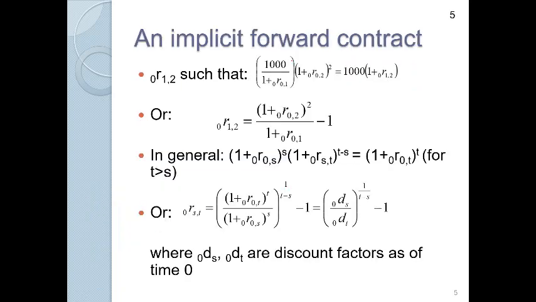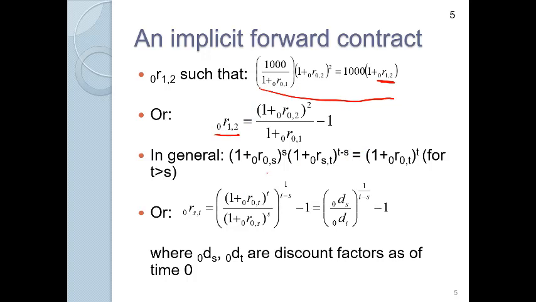Let's put some order into our formulas. So I took my 1,000, I discounted it to time 0, and then I brought it into the future at this R2 rate, and this is equal to the 1,000 times 1 plus R1,2, and this is how we would get the R1,2 from this equation.